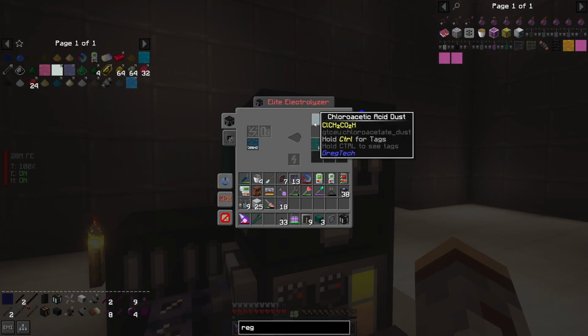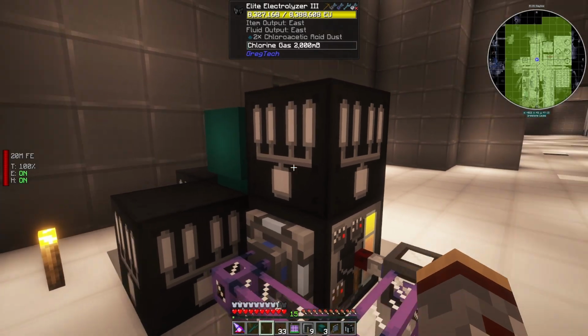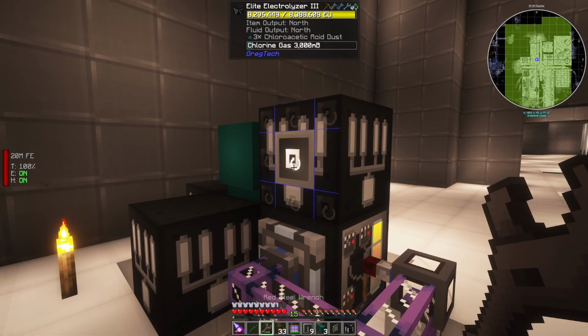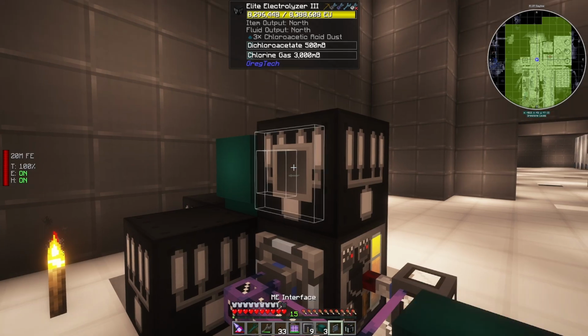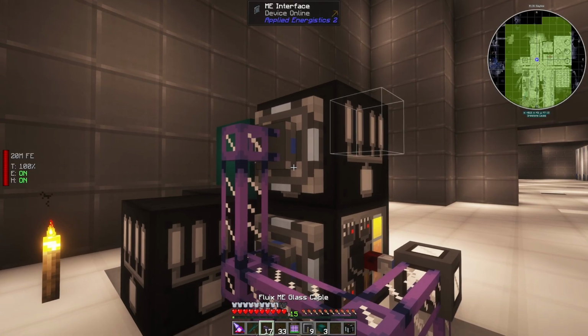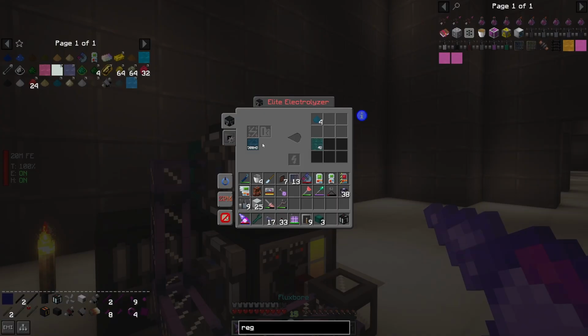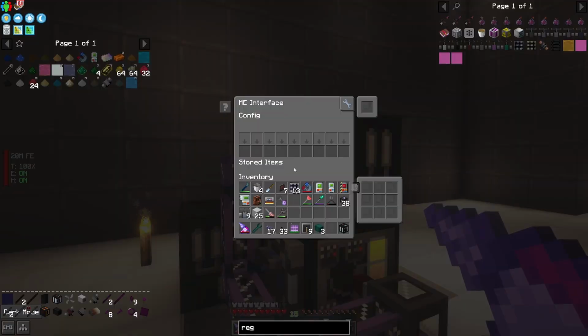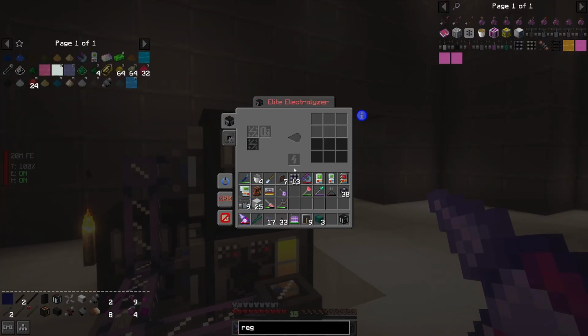So that gives us back chlorine gas, and we're getting chloroacetic acid dust. All right, so let's, that is such a habit where I have to use the wrench to set the output, but like, you know, I can do it from here. So, okay, you are happy.